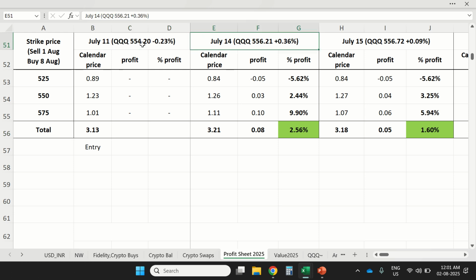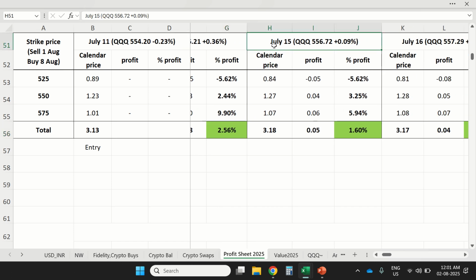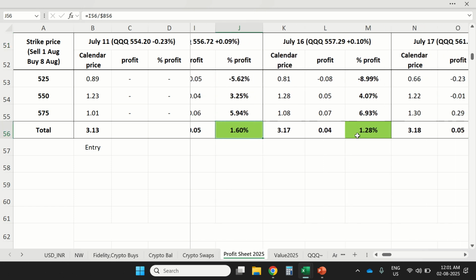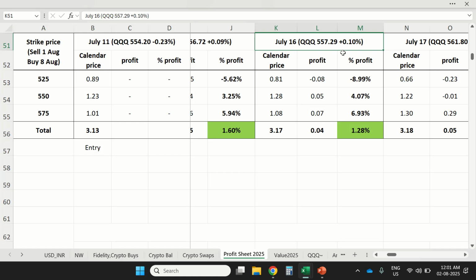Now on 14th of July, QQQ went up a little bit, and this triple calendar was in a profit of 2.56%. On July 15th, QQQ went up a little more, and this profit went down to 1.6%. On July 16th, QQQ went further up, and the triple calendar profit went down to 1.28%.